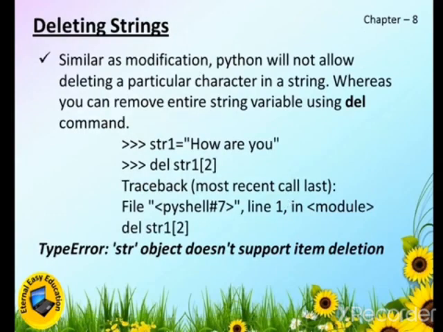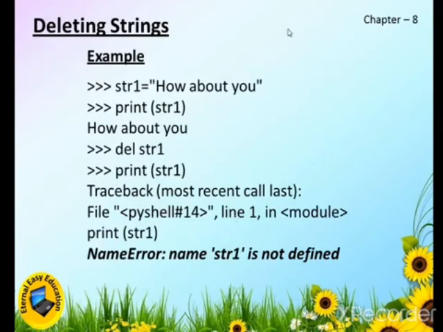How to delete a string? Similar to modification, Python will not allow deleting a particular character in a string, whereas you can remove the entire string variable using the del command. For example, del str1 will delete the string. We'll check it with the example.